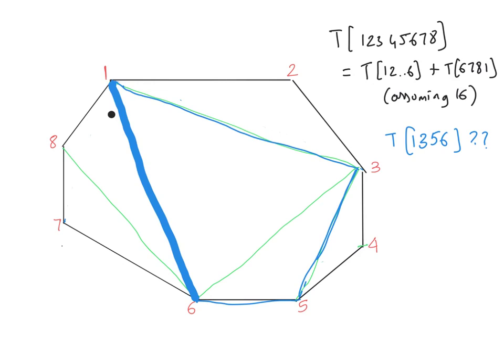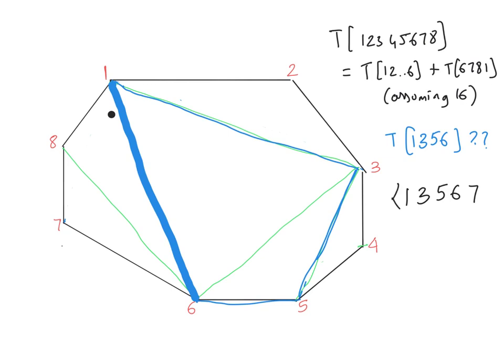In general, in this polygon, since you don't know what the optimal triangulation is, as you try many different cuts, you'll end up trying to solve subproblems which correspond to every possible subset of the 8 vertices. Specifically, if I look at any subset of these 8 vertices, for instance, let's say I look at 1, 3, 5, 6, 7.